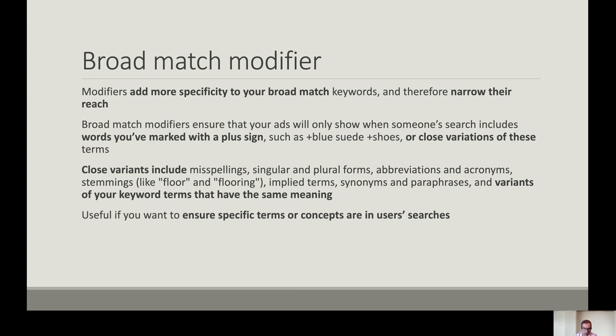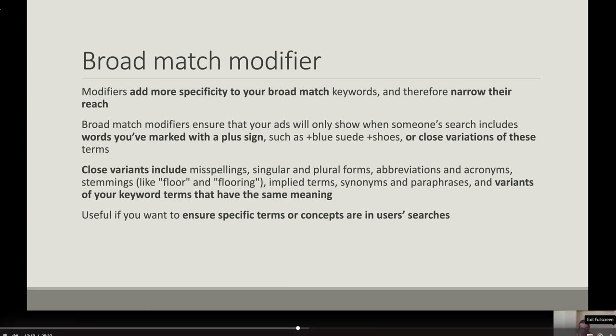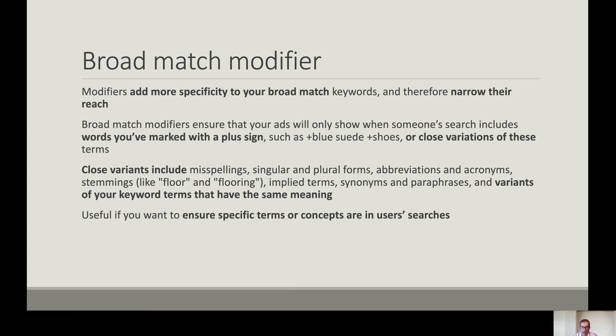Overall, the idea is that as long as a word that is being used in the user search query is very close in meaning to the word that has been indicated as a broad match modifier, then a match is still okay to occur. But if the meaning is quite different, then a broad match modifier would preclude a match from happening. And if it is not a modifier, it is just a broad match, then such a match may still occur, right?